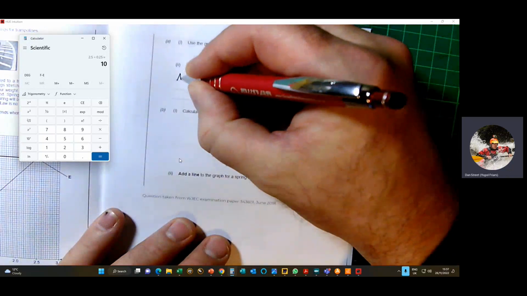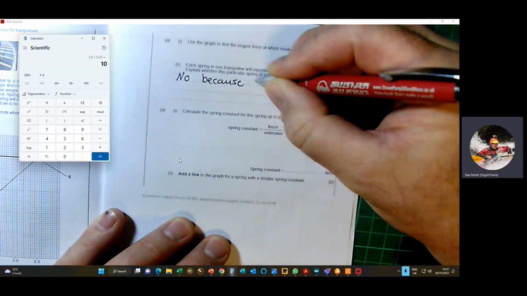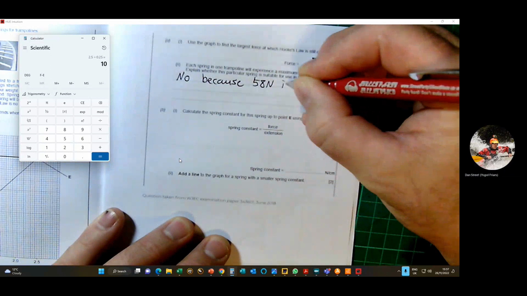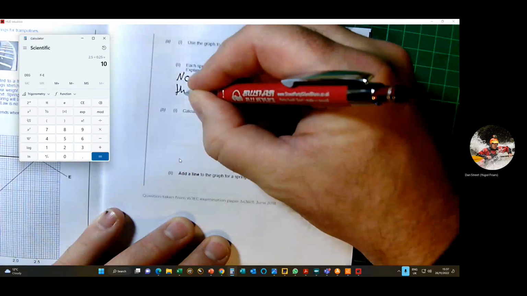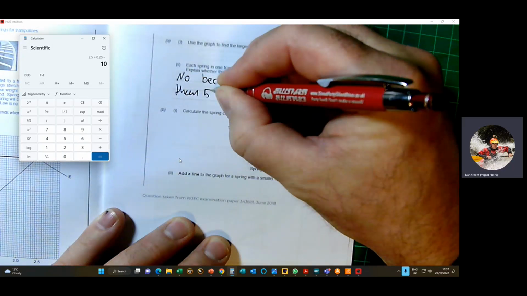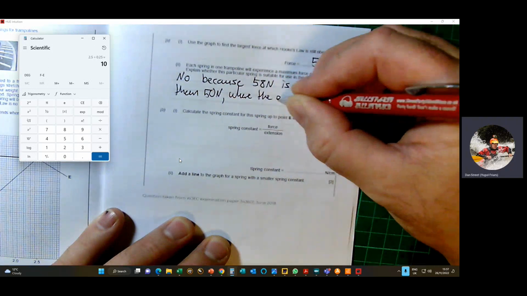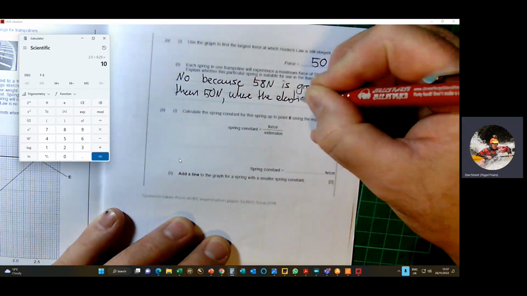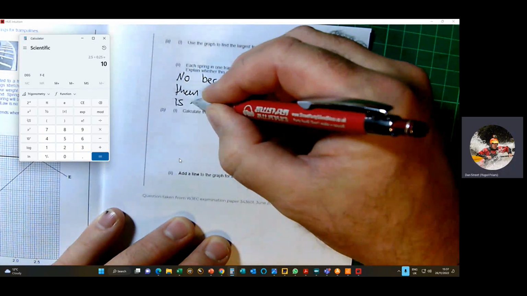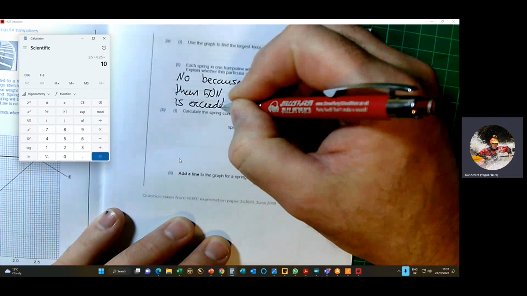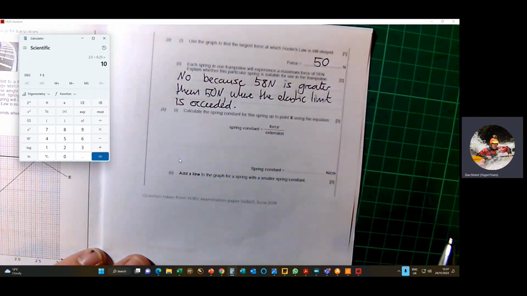Okay, so no, because 58 newtons is greater than 50 newtons, where the elastic limit is exceeded. Okay, so you'd end up with a load of stretched springs which weren't very springy anymore.